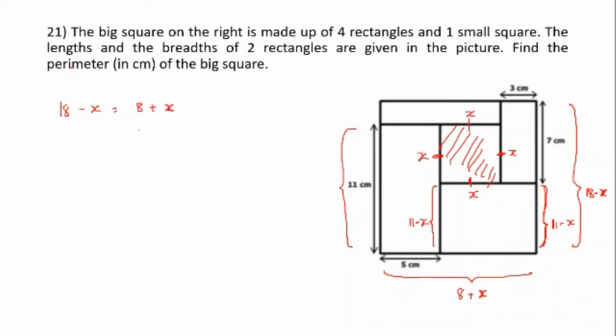So we can say that 2 units or 2 of the x's is equal to 10, which means x is actually 5. So the unit here is actually 5 centimeters. So the length of the square is actually 13.